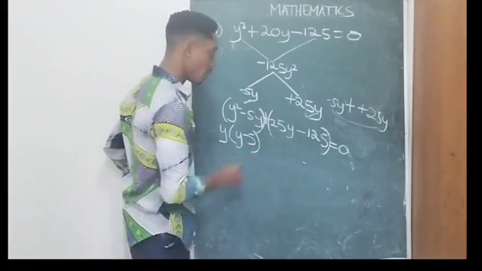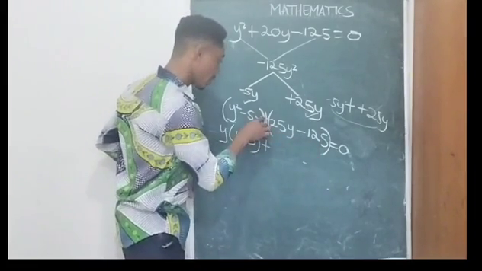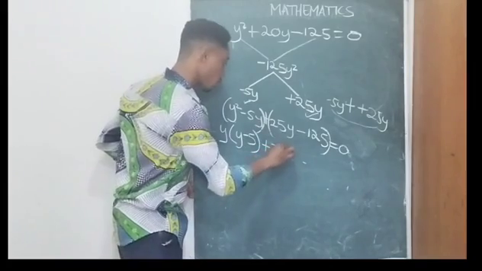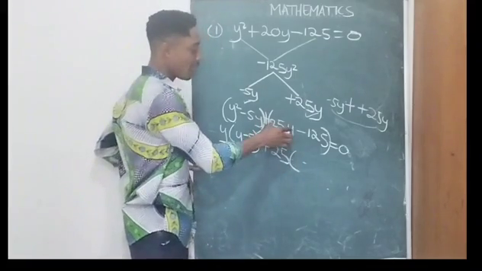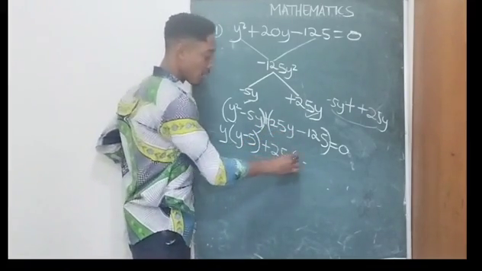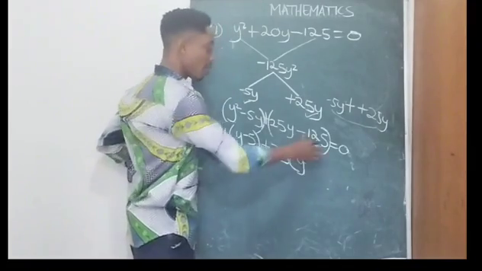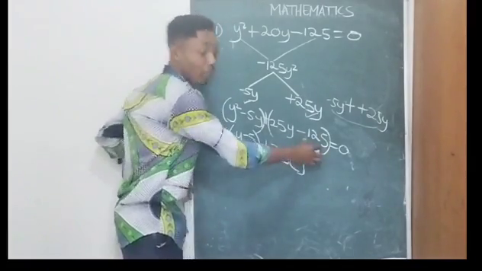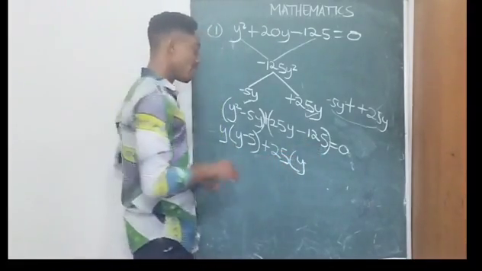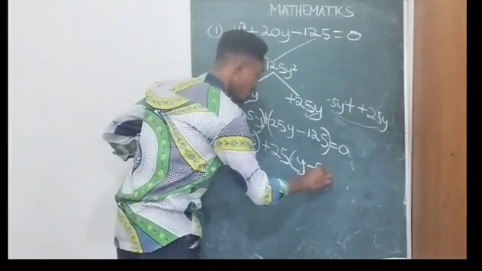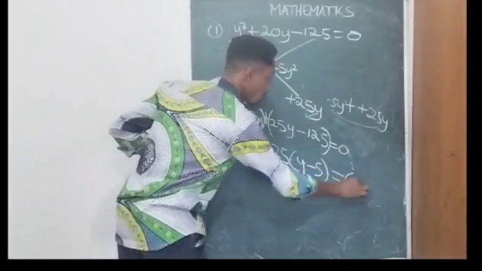For the second group, the highest common factor is plus 25: 25y divided by 25 gives y, and minus 125 divided by plus 25 gives minus 5.